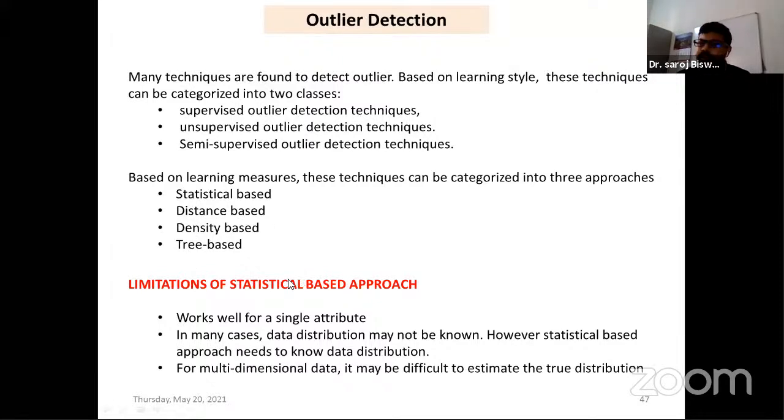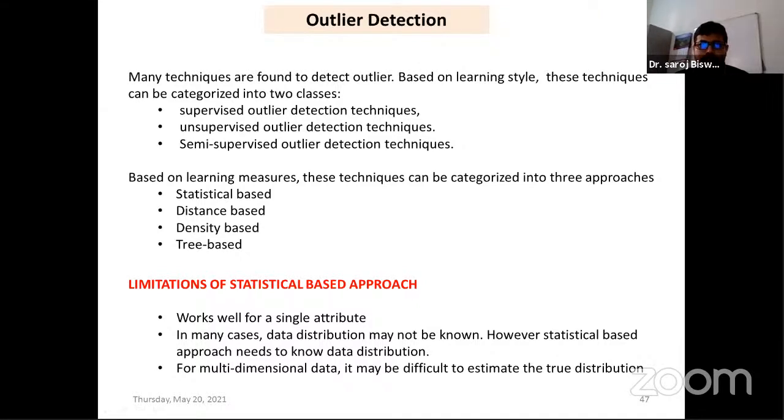If we use a statistical based method, there are certain limitations, which we have written here. Statistical based outlier detection works well for a single attribute. So if we have a one-dimensional database, a statistical based method works very well. In many cases, the data distribution is not known.